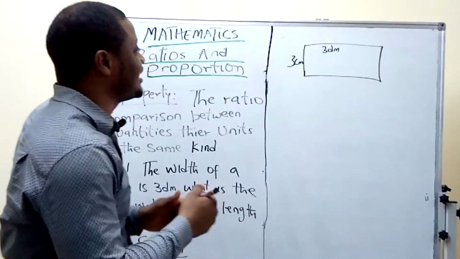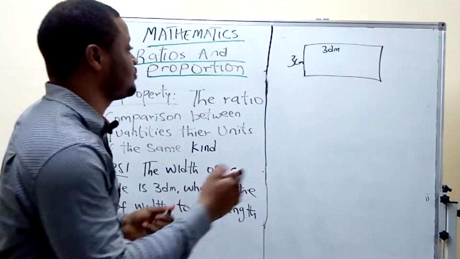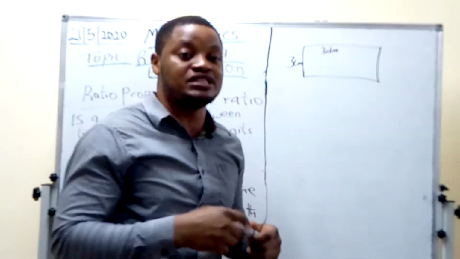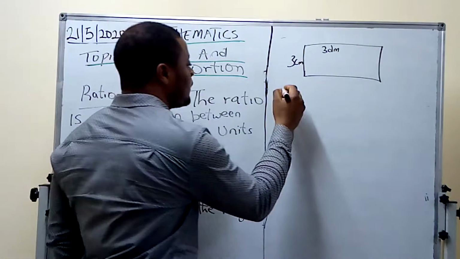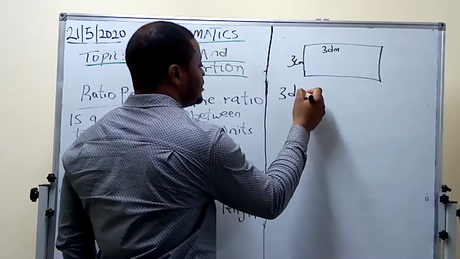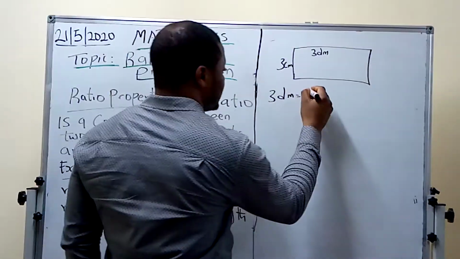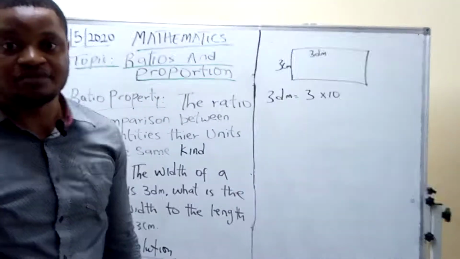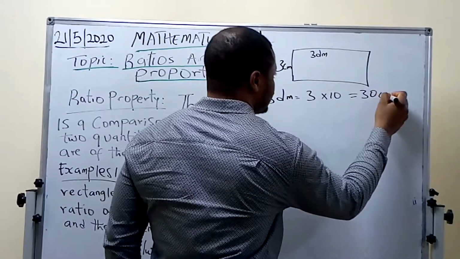So 10 centimeter is what? 1 decimeter. So for you to convert decimeter into centimeter, you have to multiply by what? By 10. Now this is 3 decimeter, and I'm converting it to centimeter. 3 times 10 is 30 centimeter.